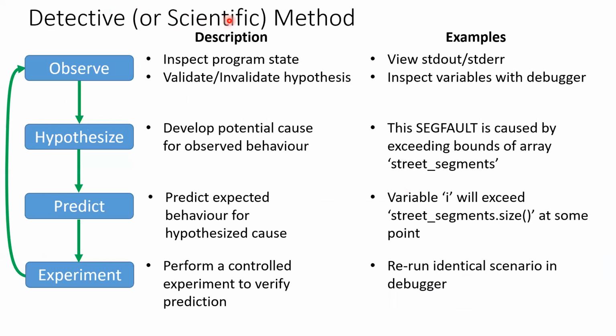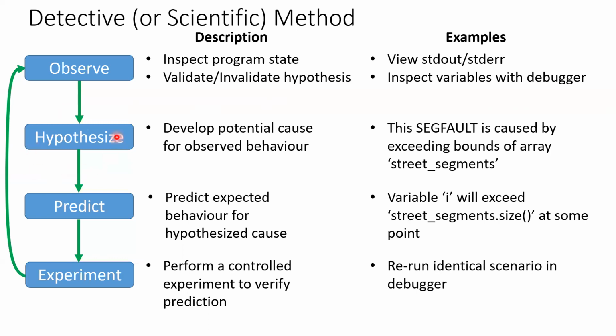So the scientific method for debugging is then a loop. You first observe by inspecting the program state, by viewing your outputs, your error messages, and inspecting the variables with the debugger.